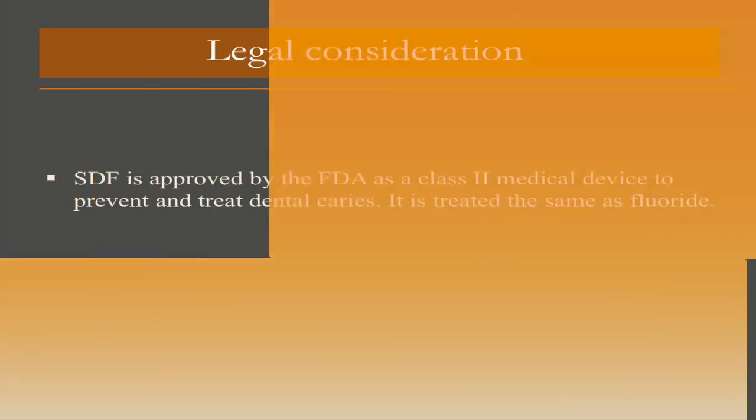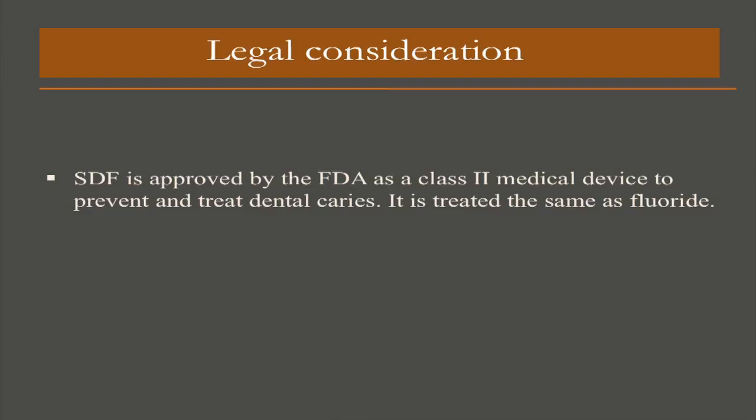So what are some legal considerations to use SDF? SDF is approved by the FDA as a Class 2 medical device to prevent and treat dental caries. It is treated the same as fluoride. However, it has a different ADA number and it is recommended to use a consent form because of staining.